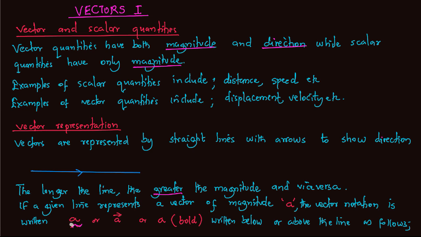The vector symbol is written below a, or the vector symbol is written as an arrow above a, or a is made thick to show that it is a vector, and that is called vector notation.